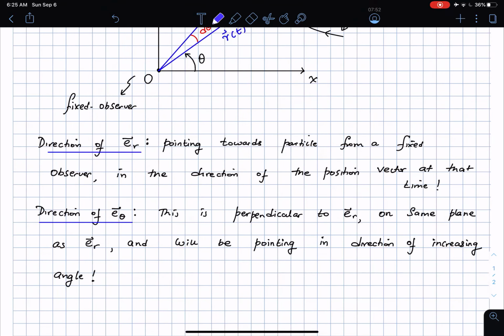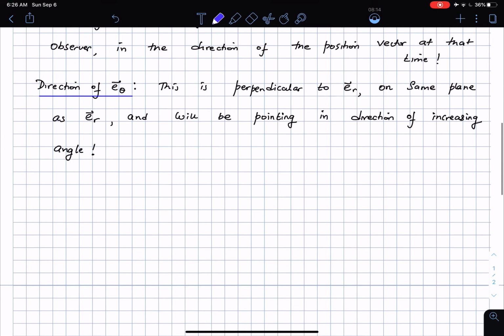All right, fantastic. So what are we going to do with all these things? This is typically how we have tackled the normal tangential system. We are going to be writing each of the kinematic quantities in terms of these radial and transverse vectors. So we're going to be writing the position vector, the velocity, and the acceleration in terms of the radial transverse unit vectors. Let me redraw my figure once again.